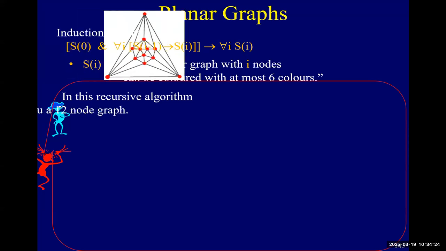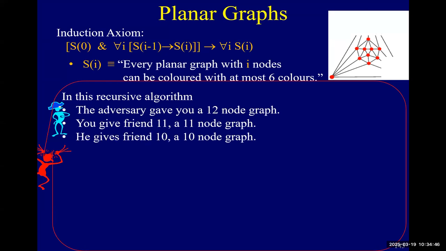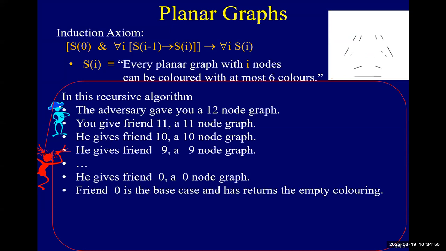All right, but how is it recursion? I'm going to micromanage my friends here, but you shouldn't. So the adversary gives me as an input a graph that I need to color, and I delete a node of degree 5. And I keep deleting nodes until I have no nodes.